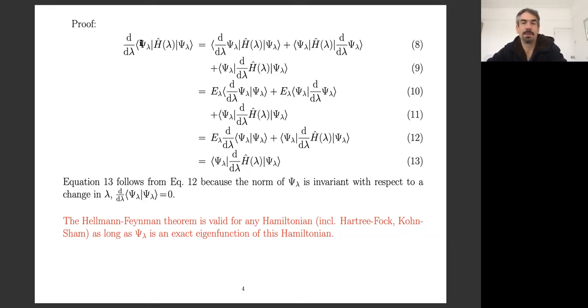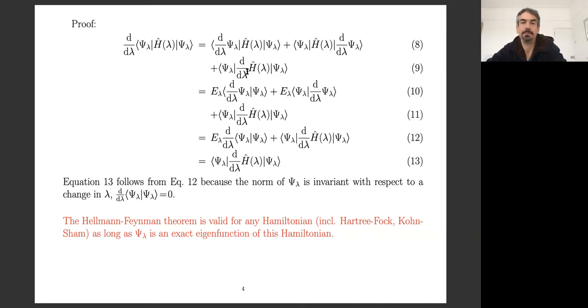Because the wave function and the Hamiltonian depend on lambda. So you have three functions here that depend on lambda. Therefore you have three terms: the derivative of the wave function with respect to lambda in the bra and the ket, and also the derivative of the Hamiltonian, of course.